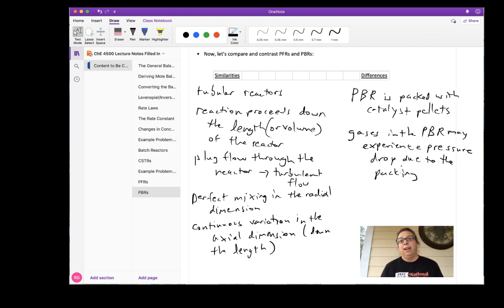We can always write a catalyst density in units of mass per volume, so we can always make that conversion. That's mainly a matter of convenience, and we don't even have to do that. You will see mole balance problems for PBRs that are written in terms of volume. In those cases, someone has already done the conversion between mass and volume.